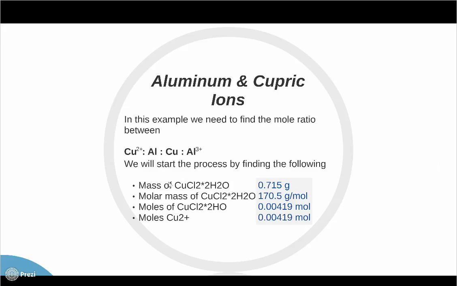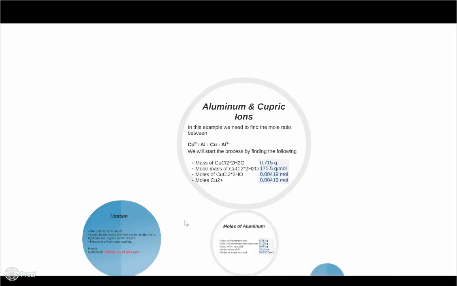We found the mass of the sample that we had, found the molar mass, from there found the moles of the hydrous copper substance, and then we were able to find the moles of the Cu2 plus ions.